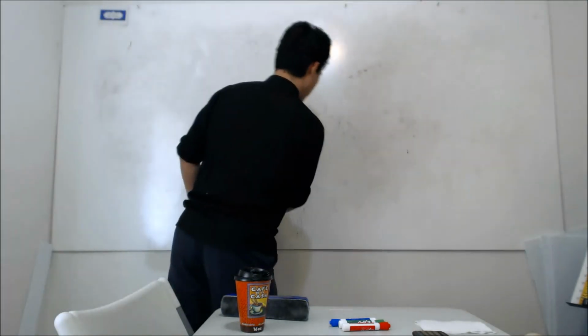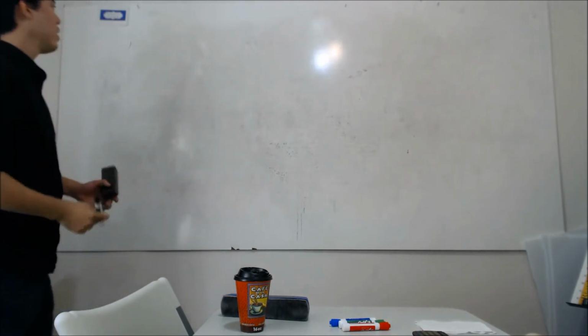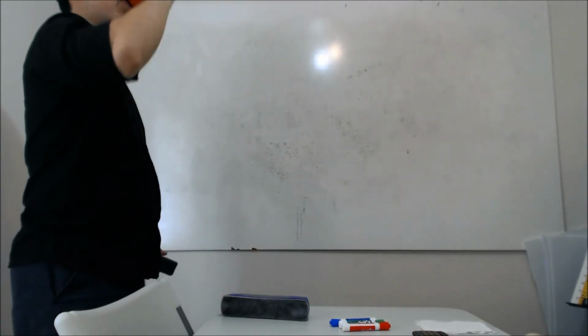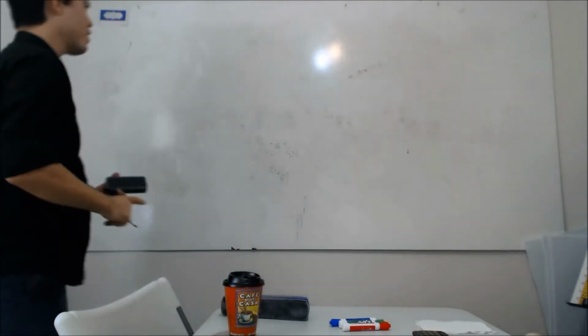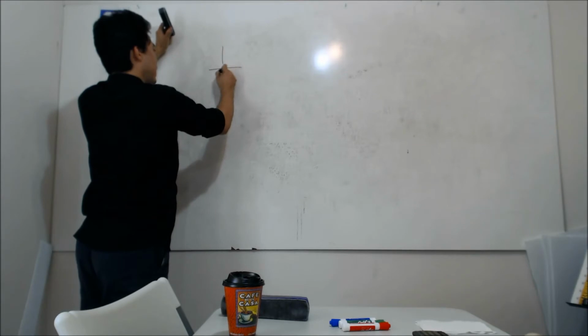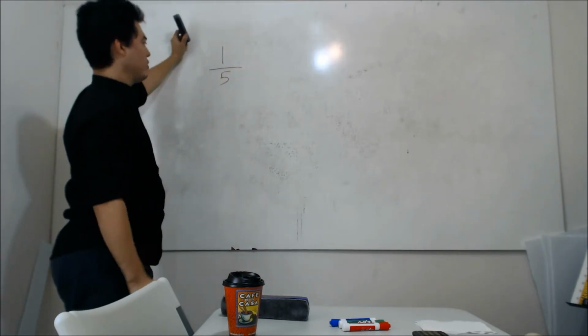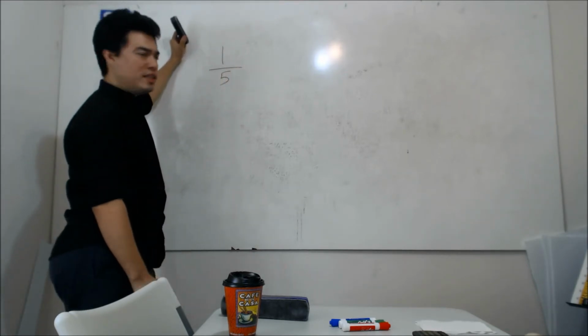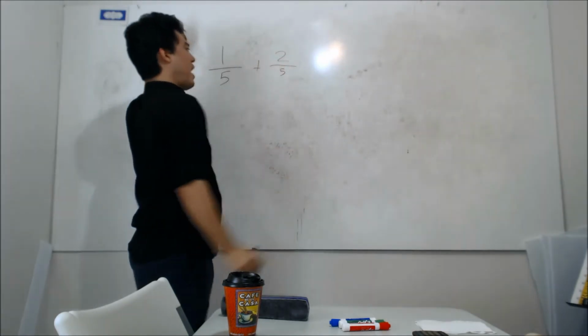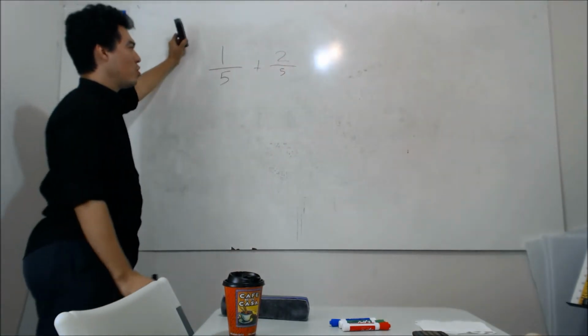So check this out. We're going to add fractions now. The thing is that if you have two fractions with the same denominator, okay, it's very easy to add them. Let's say we're going to add 1/5 plus 2/5. Well, if they have the same denominator, watch what happens.